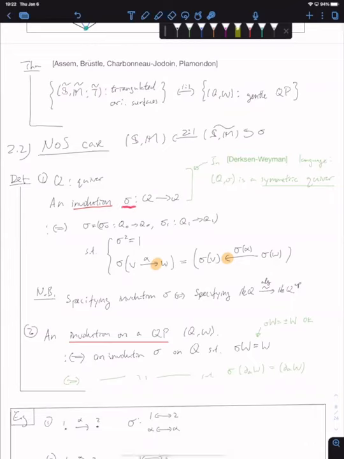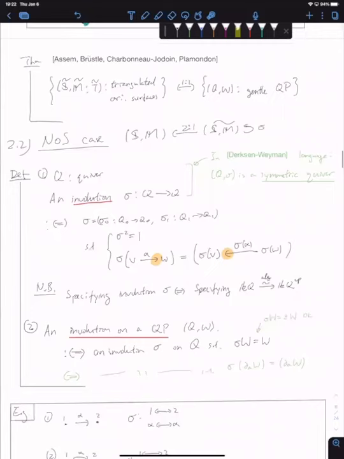Here, an involution is a permutation of the vertices and a permutation of the arrows, which is of order 2 and swaps the direction of the arrow. This really corresponds to the orientation-reversing property of this homeomorphism.